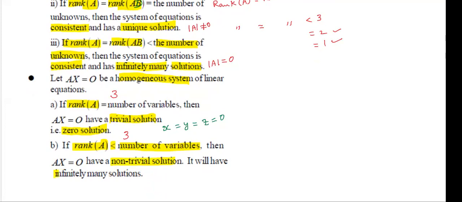It will have infinitely many solutions. Here, what is the shortcut method, students? Trivial solution means det A is not equal to 0. Non-trivial solution means det A is equal to 0. This is a shortcut method. Remember it. Okay.